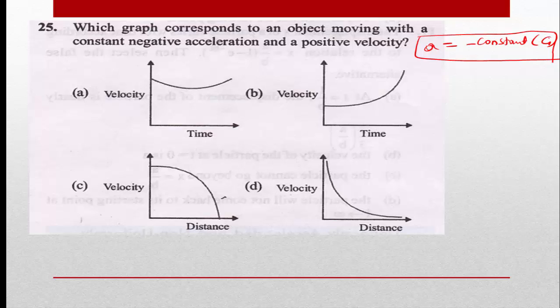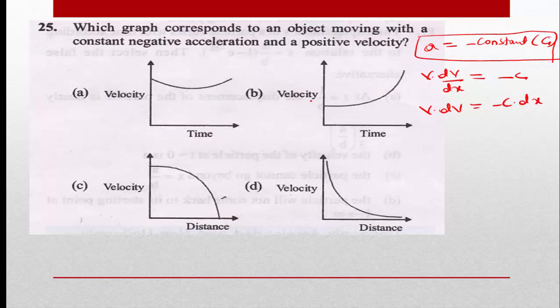But here the positive velocity, that is v into dv divided by dx, means the differentiation of the velocity gives the acceleration. V into dv divided by dx is equal to minus c, or v into dv is equal to minus c into dx.